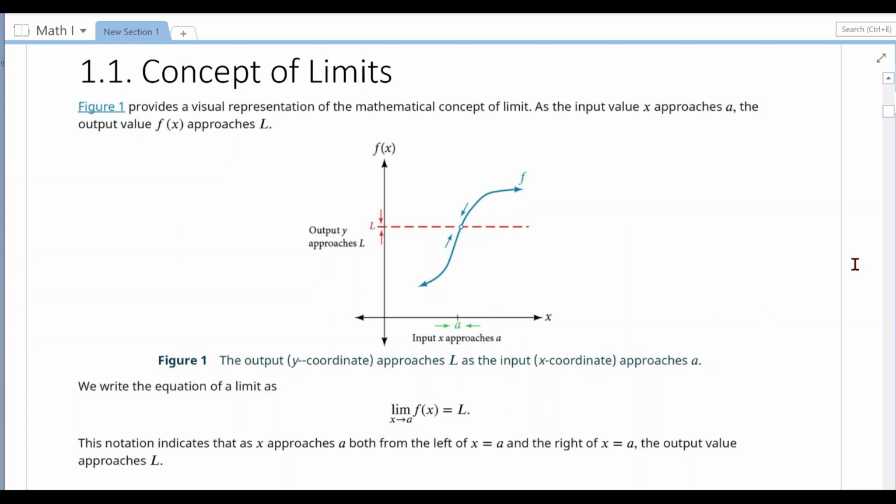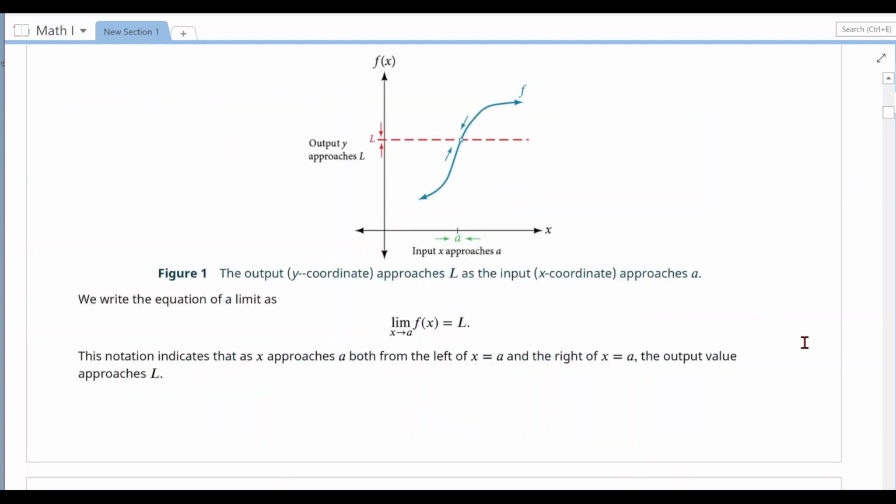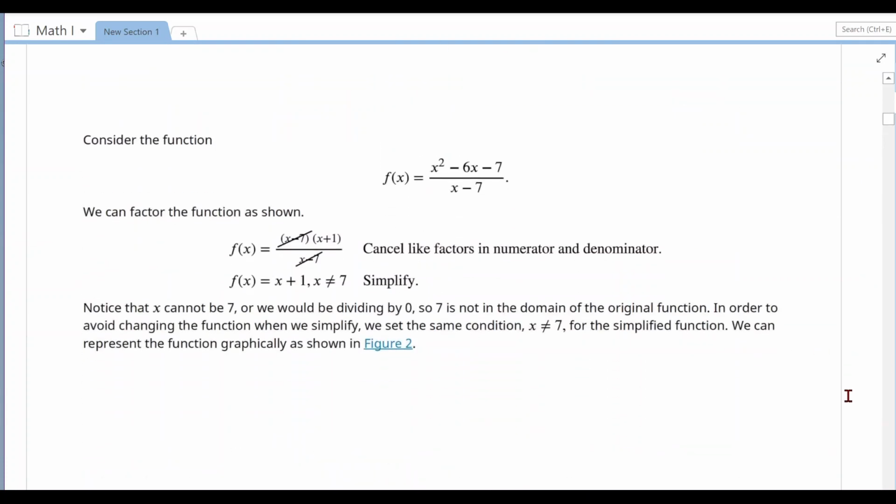This notation indicates that x approaches a from both directions, left and right, and the output value approaches L, which is therefore the limit of that function. For example, the function is x squared minus 6x minus 7 over x minus 7.